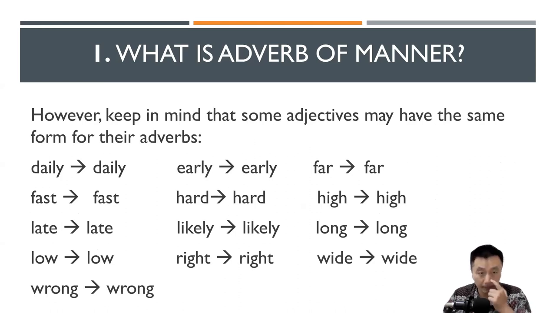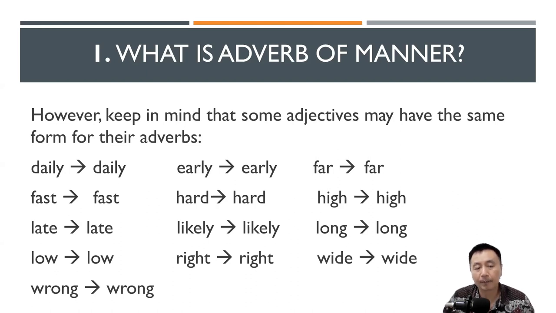Now, what are some of the examples? Okay, for example, this one. Daily, for example, it's a daily newspaper. Okay, so daily as an adjective. And for example, if we say this newspaper is issued daily, okay.